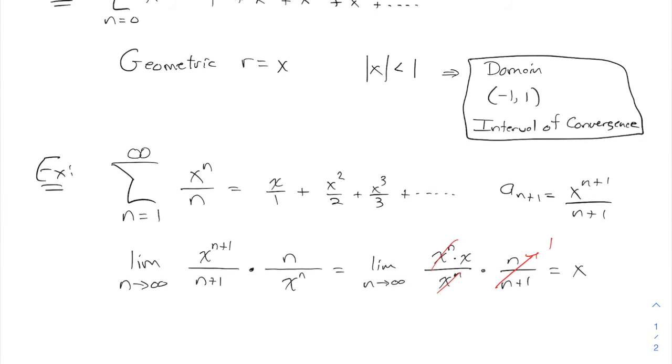So this will converge whenever x, absolute value, is less than 1. That tells us that it converges when x is between -1 and 1. So our interval of convergence has the numbers from -1 to 1, but we don't know about the endpoints yet.